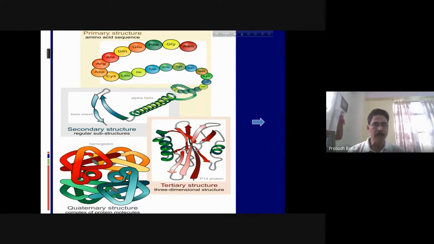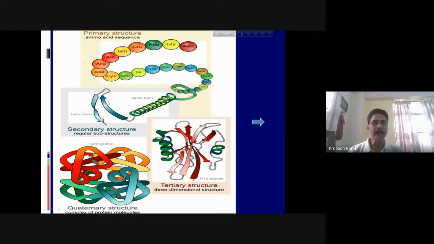Now, the quaternary structure is built based on the variation in the tertiary structure. If the tertiary structures are different, then the quaternary structures will also be different. Then tertiary structure is built on the secondary structure, because the way the secondary structures are built, after getting it folded more and by bond formation between the different components and the folds, finally the tertiary structure is built.